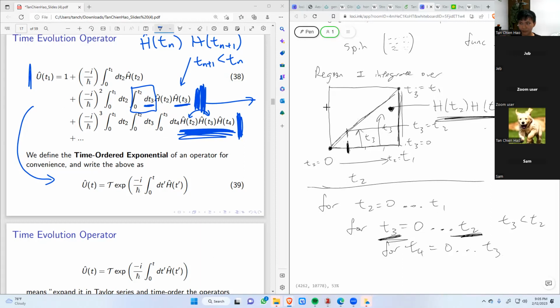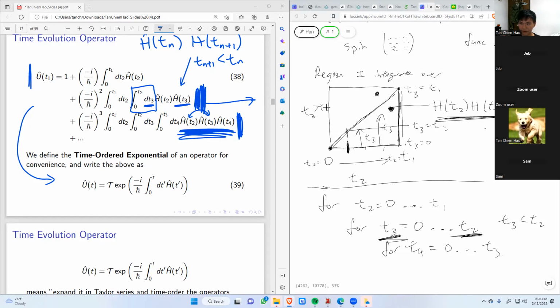Now, if I expand the region of integration, I'm going to integrate over cases where Tn plus 1, where T3, is actually greater than T2.